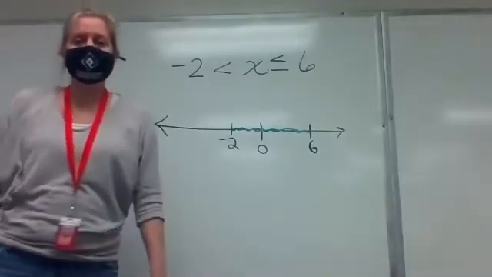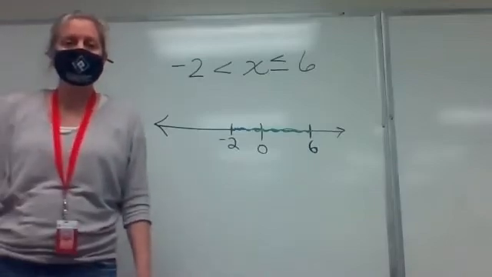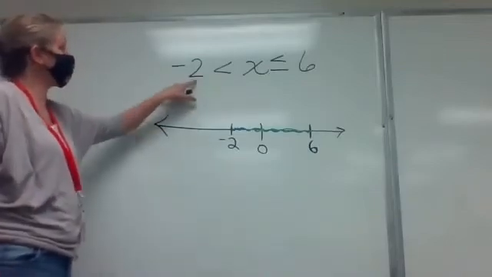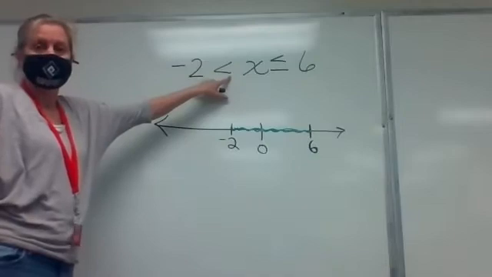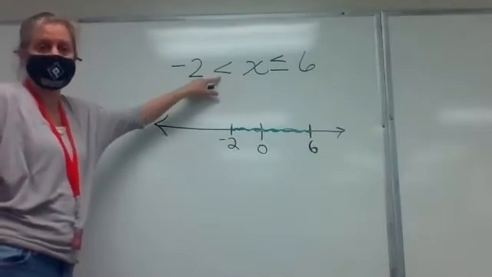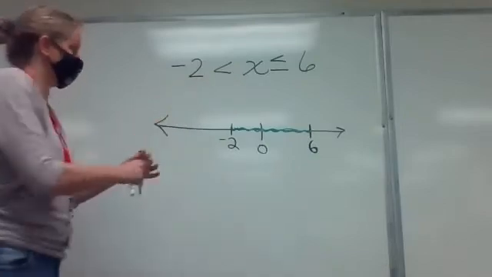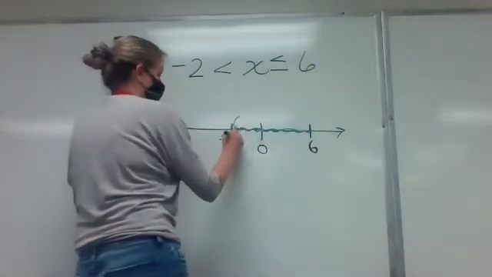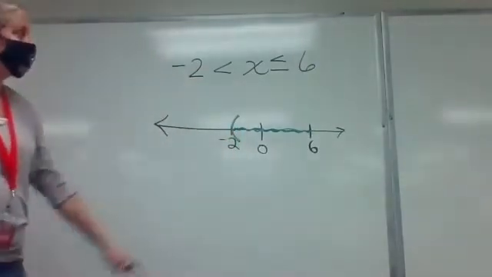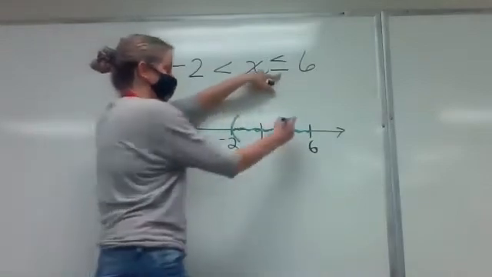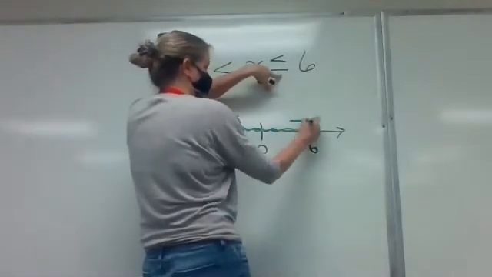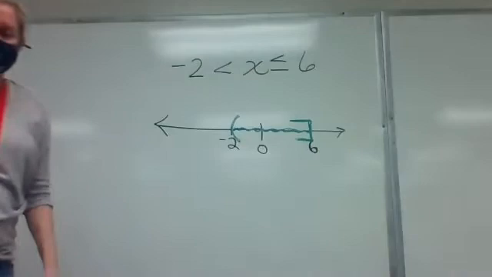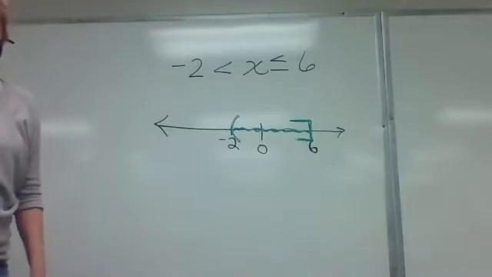Now I just need my opening and closing symbols. What's the -2 going to have? A parentheses, right? Because it doesn't have the equal to bar. So it's going to have a parentheses. The 6 does have the equal to bar, which means it's going to have a bracket.